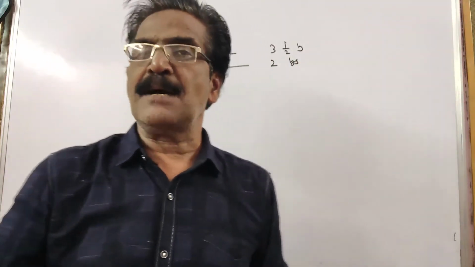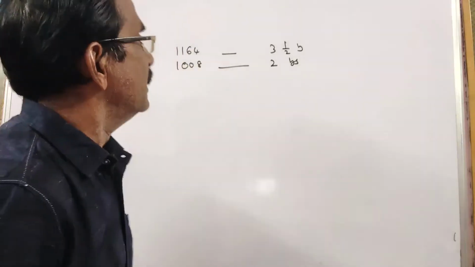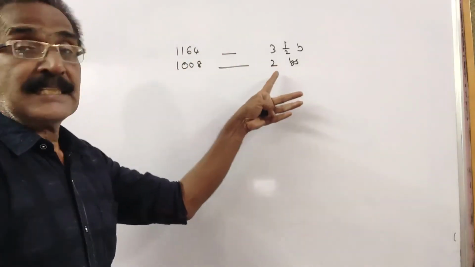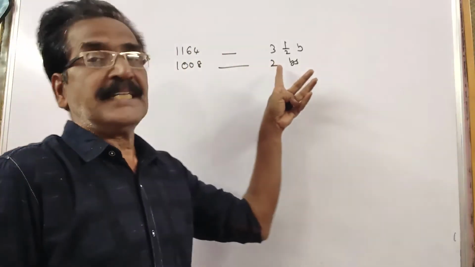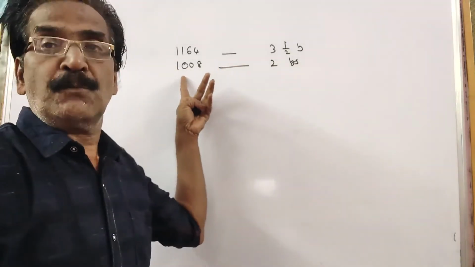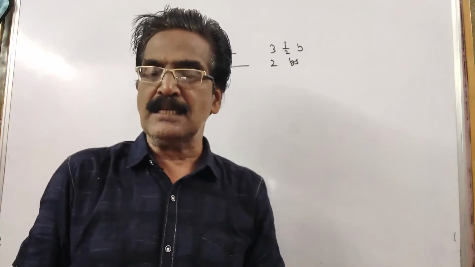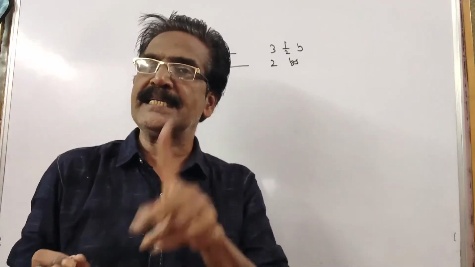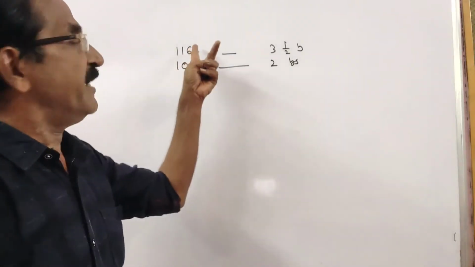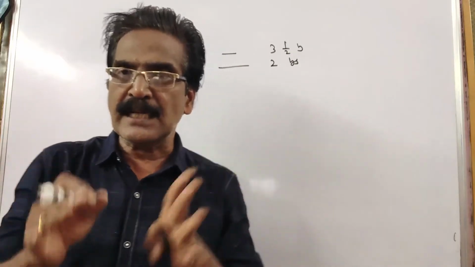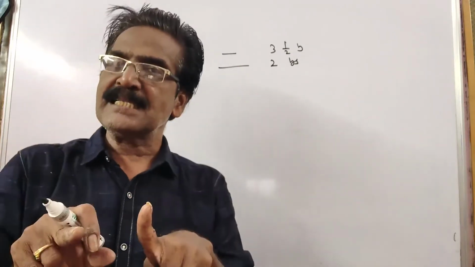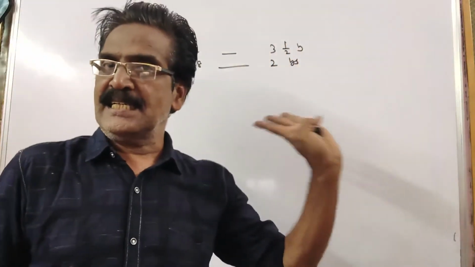Then find the sum and the rate of interest. See friends, a certain sum amounts to 1008 in 2 years. Amounts to means this 1008 includes principal plus interest for 2 years. In the same way, this 1164 includes principal plus 3.5 years interest.